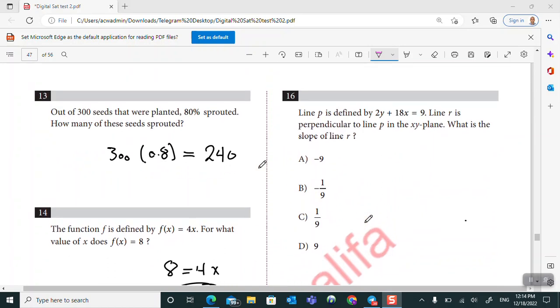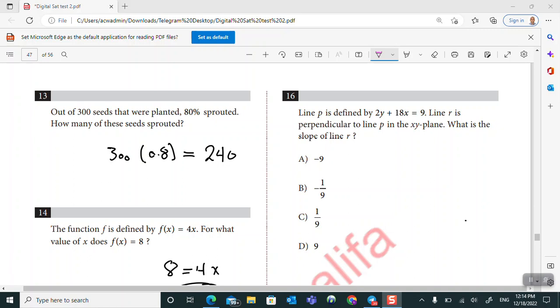In question 16, it says that line P is defined by 2y plus 18x equals 9. Line R is perpendicular to line P in the xy plane. What is the slope of line R? All we have to do is find the slope of line P and then find the slope of line R, which is perpendicular to it.